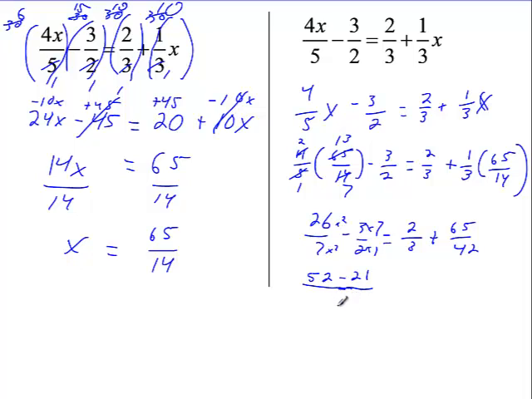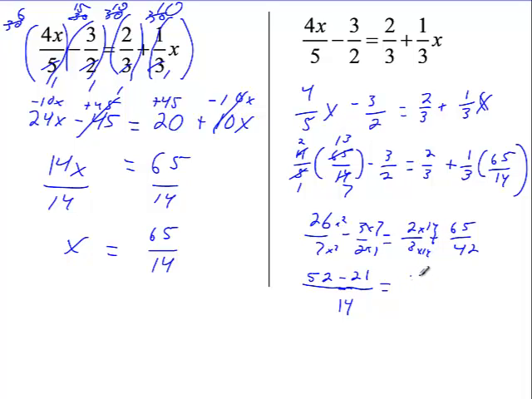All over 14 is equal to, and to find our common denominators, 3 goes into 42. So I don't need to change my first term. 3 times 14. So I'm going to multiply this side by 14 over 14.